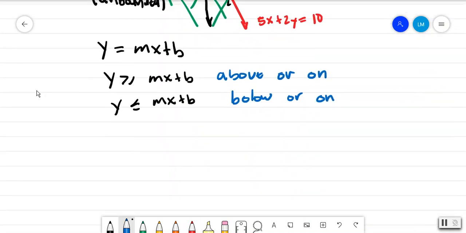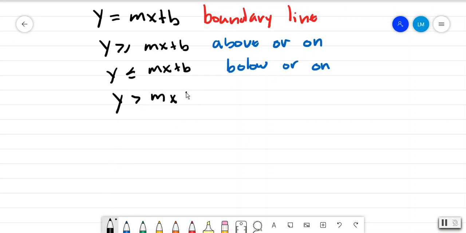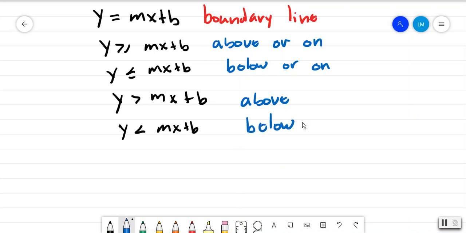Furthermore, if you can rewrite your boundary line in this format, and let's say it's y greater than mx plus b, the only difference is that it's above. And if you have y is less than mx plus b, that says that it's below. So these are the different formats that you would have without having to use test points.